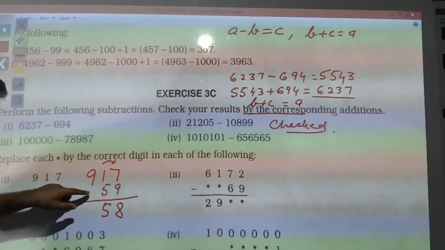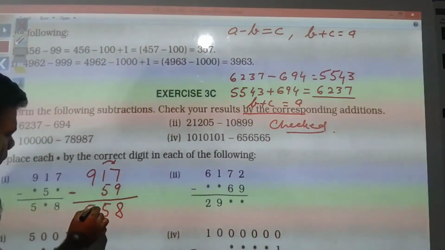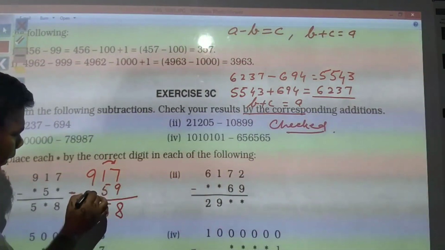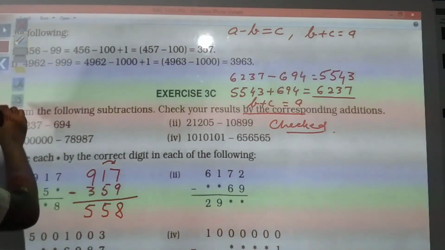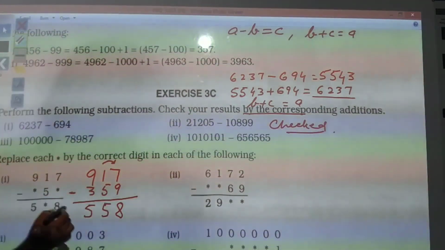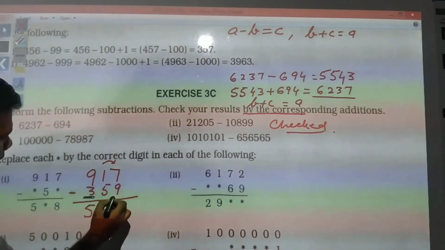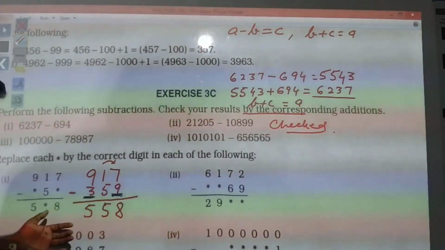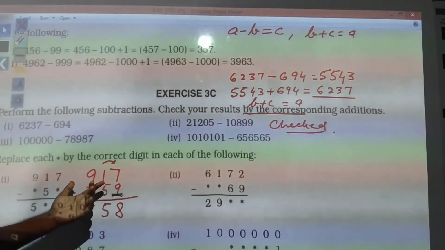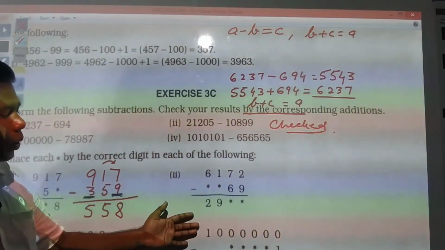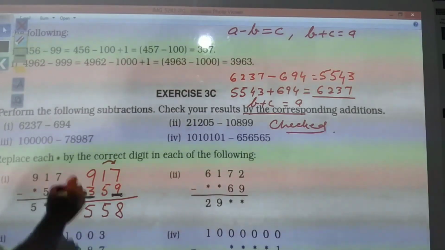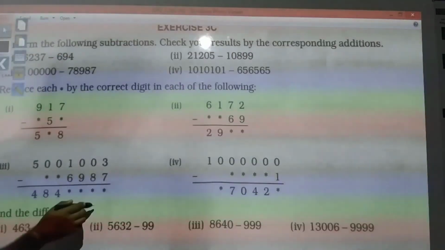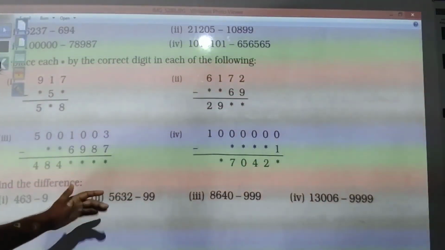So 8 minus what you will write so that you will get 5. 8 minus 3 you will write. So your answers are 3 and 9. So in this way all the questions are required to be done. So I hope you will be able to do, and even you will enjoy doing. If you work seriously over here, you will enjoy.